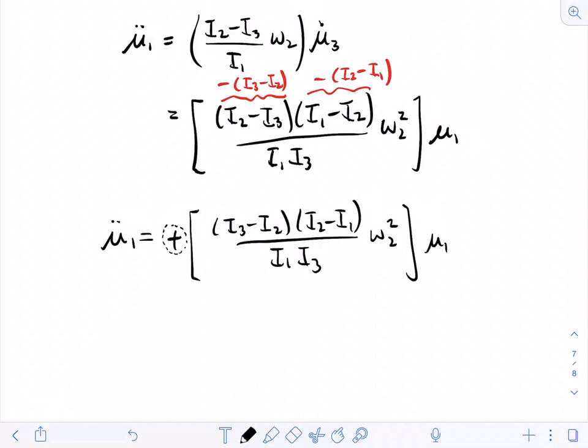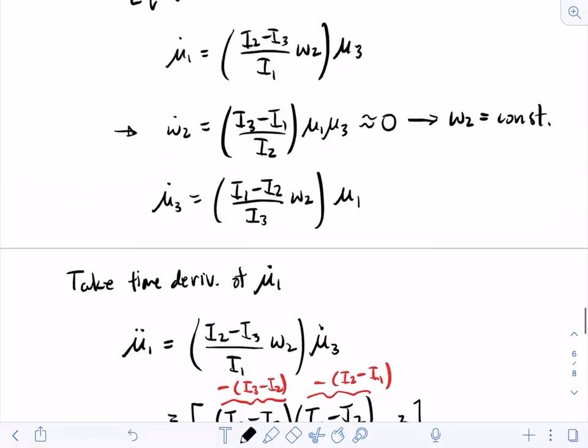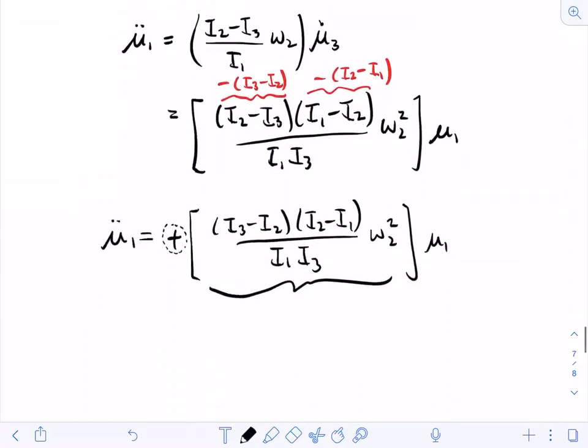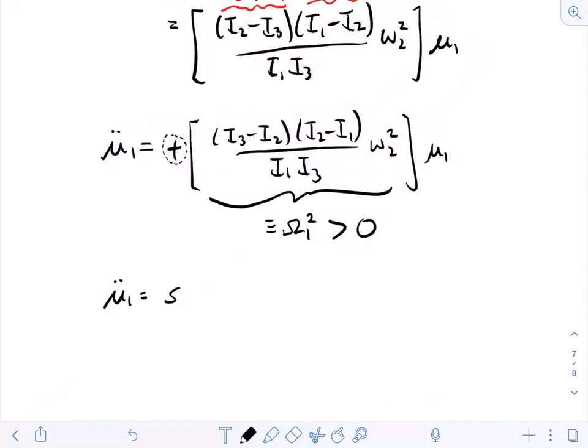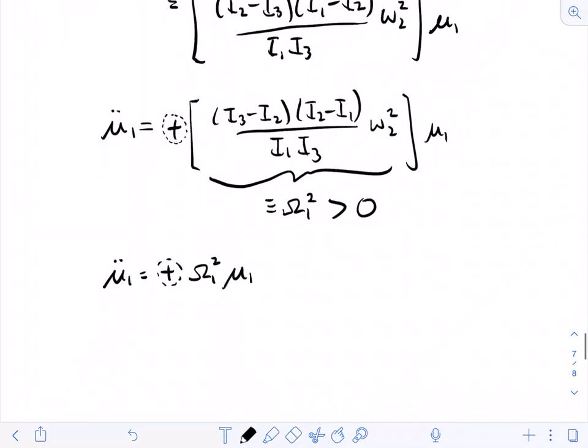Okay, nevertheless, we go on and we say, well, okay, so what we could do is we could say this is going to be an omega 1 squared. Let's define that as omega 1 squared, and it's positive like it was in the other cases. And so our differential equation for mu 1 is, again, for emphasis, let's say it's plus omega 1 squared mu 1.